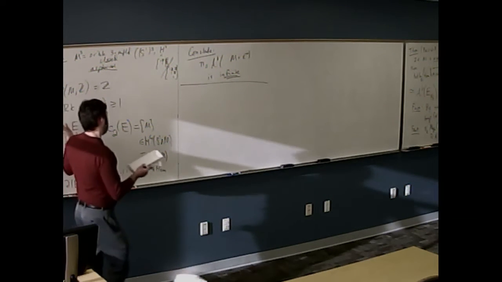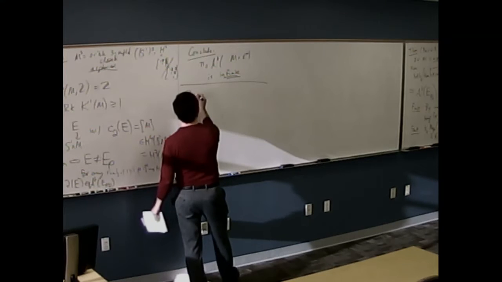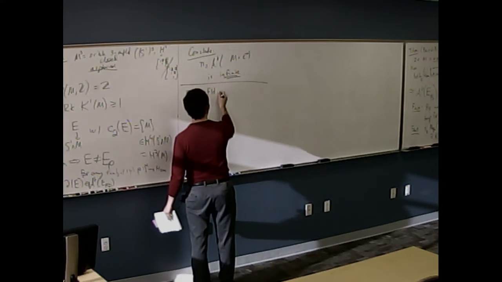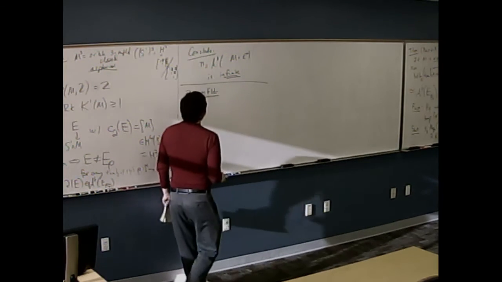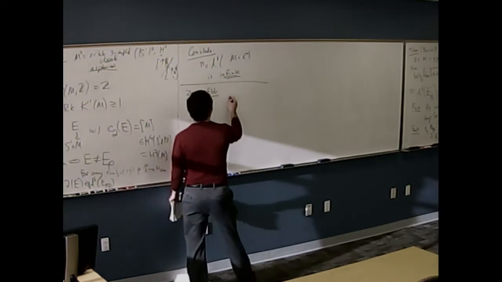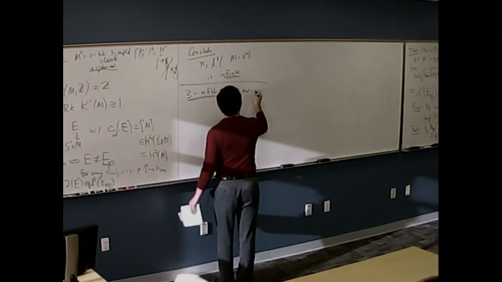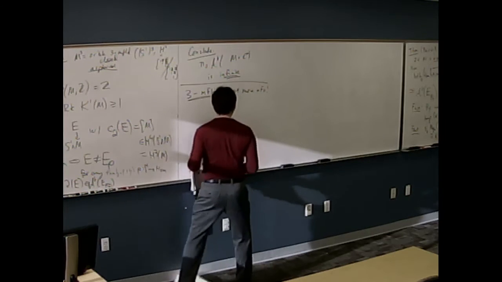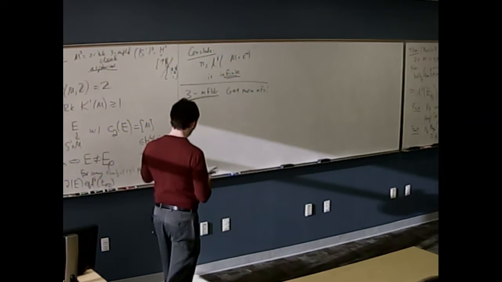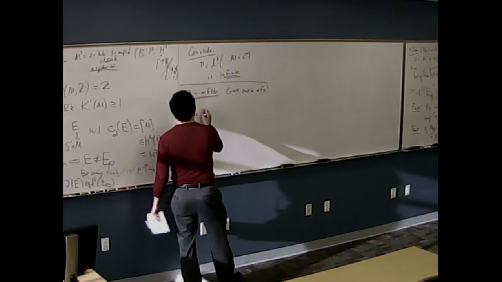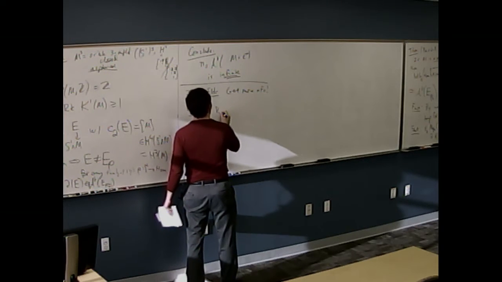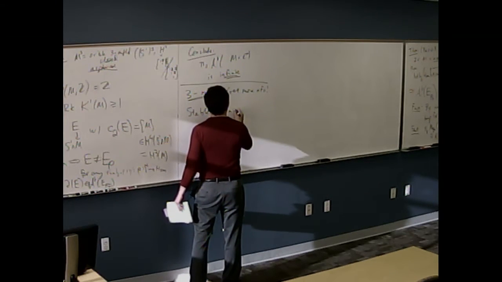I'm just focusing on 3 manifolds. So how can we get more? We want to get more info. This is where the stable representation theory comes in. So I'll just try to give a sketch of what this looks like.